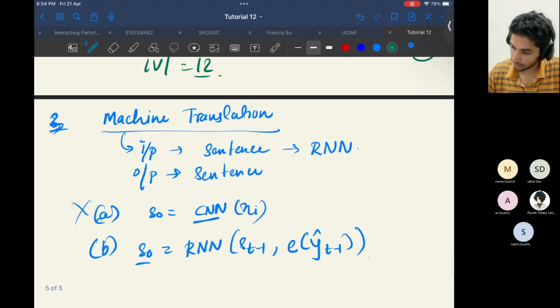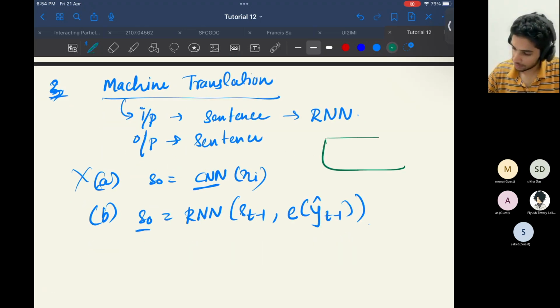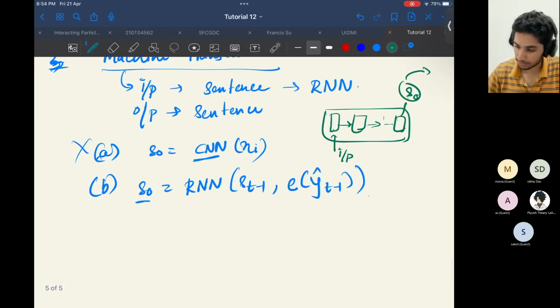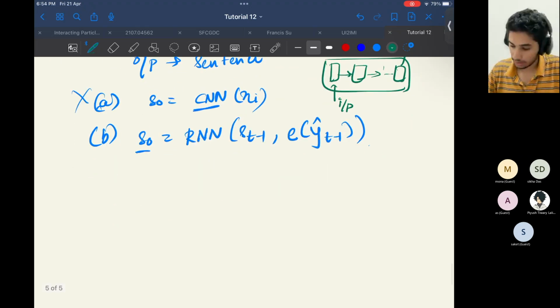So maybe I can draw a small figure here. You have a sentence that goes here as input, and it gives some S naught as output. Then this S naught is given as input to the decoder.